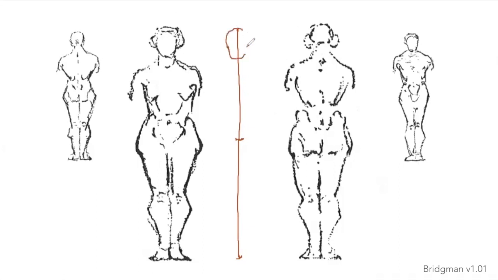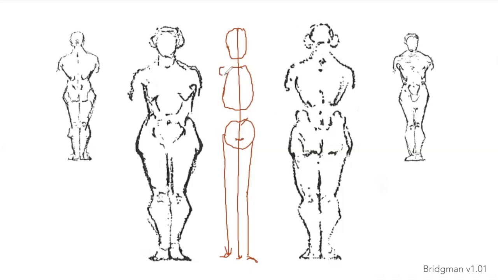But we'll say head like that, rib cage like that, pelvis like that, legs like so. But then where do we go? Well, when we think anatomically, we're going to put shoulders on there. We'll put arms on there. They'll have a hand, and so on.